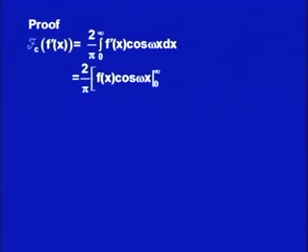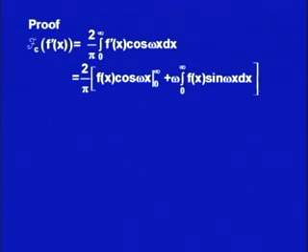So, it would be 2 upon pi times [f(x) cos omega x from 0 to infinity plus omega times the integral from 0 to infinity of f(x) sin omega x dx], since the derivative of cos omega x is minus omega sin omega x.